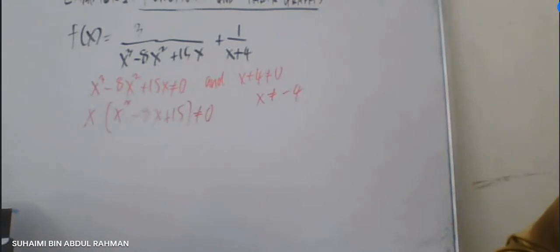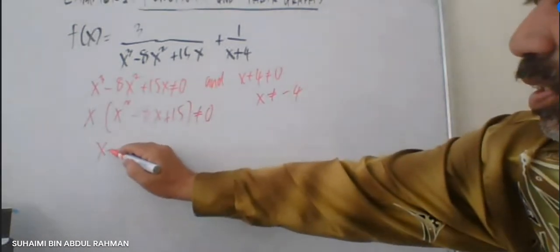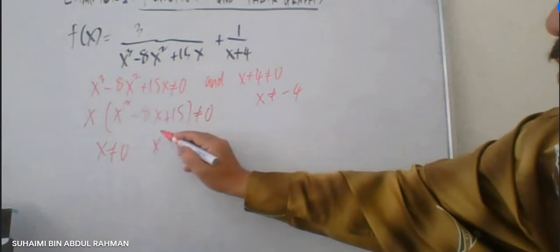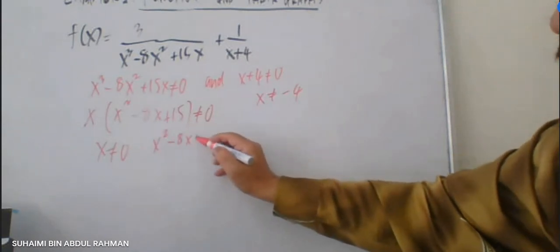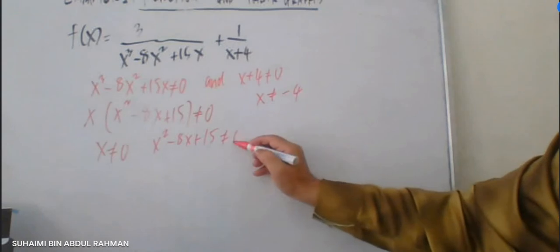So from here we can say that x not equal to 0, and x squared minus 8x plus 15 also not equal to 0.